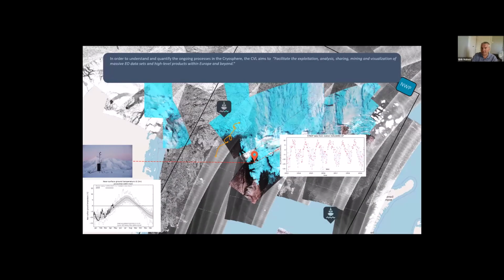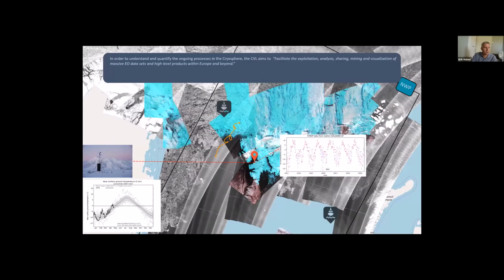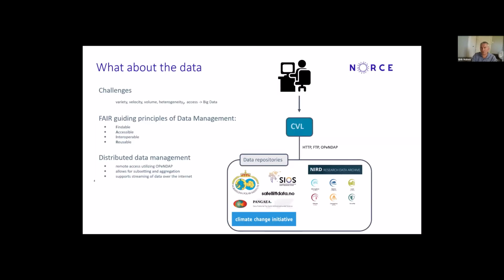So this is just an example of what you would like to do, for instance, to combine data from the CIS services, synoptic data, and climate data time series, all together in the map. And this is what we want to do.